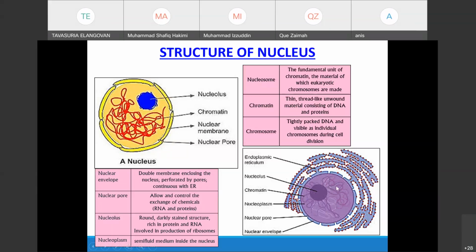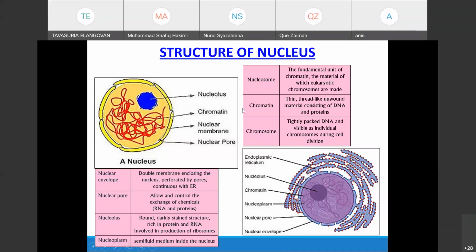Chromatin. Yes, chromatin. Actually, chromatin makes up the chromosome. That's why in chromatin you can't see the DNA clearly. In a chromosome, you can see the DNA clearly because it consists of dense DNA. Okay. The nucleosome is the fundamental unit of chromatin.